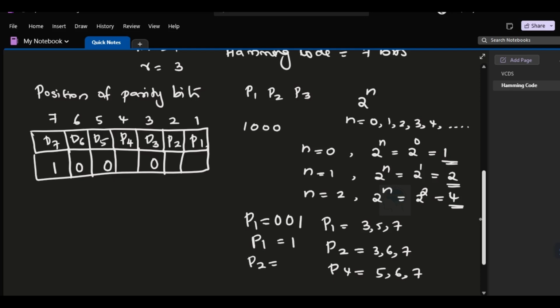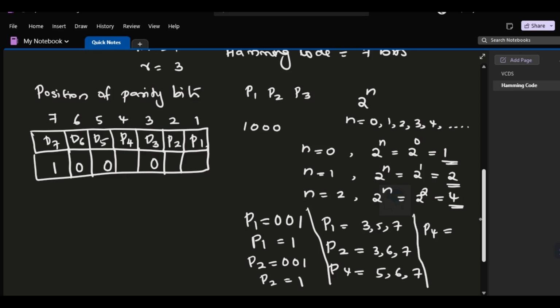Then if you consider P2, it is 3, 6 and 7. 3 is 0, 6 is 0 and 7 is 1. Here also the same: to make this even parity, you have to make P2 as 1. Next you have to find P4.